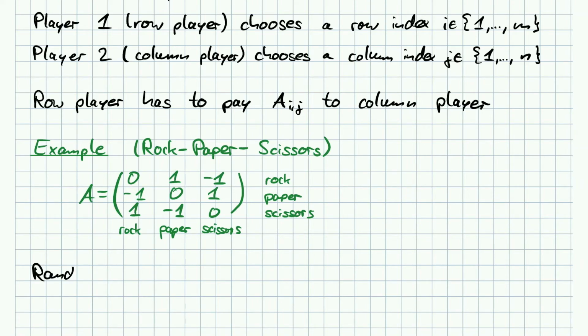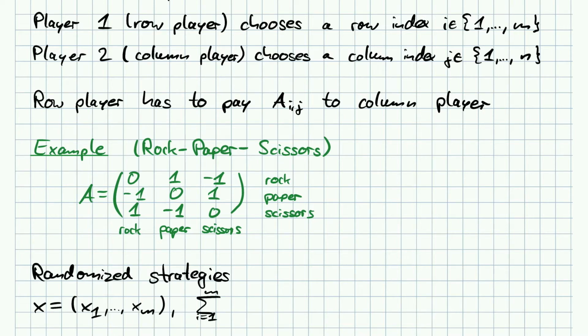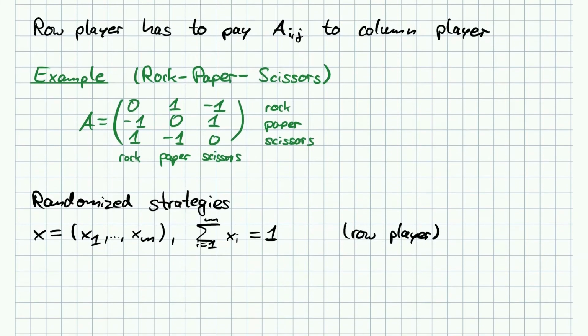So, more formally, we have randomized strategies, meaning that the row player will choose such a vector x1 through xm, whose entries sum up to 1, and the column player accordingly will choose such a vector y.